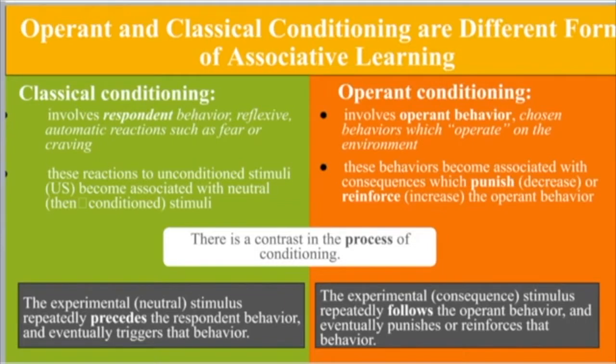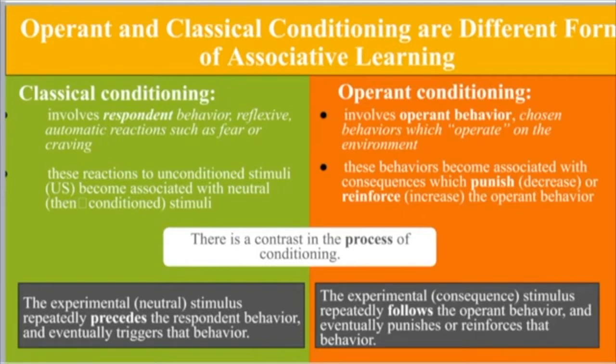Looking here, there's a contrast between the process of conditioning. How do we actually train, quote unquote, people, dogs, rats, whomever, to behave in certain ways? Well, in classical conditioning, you have the experimental stimulus repeatedly preceding the respondent behavior, and eventually it triggers that behavior.